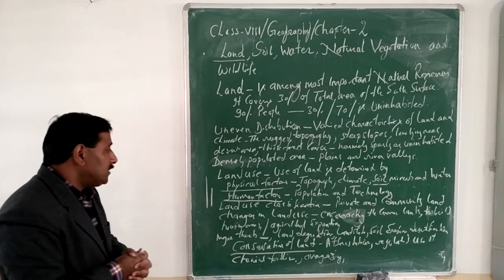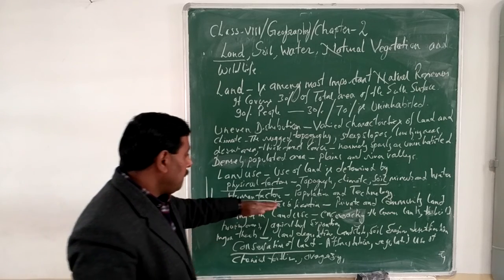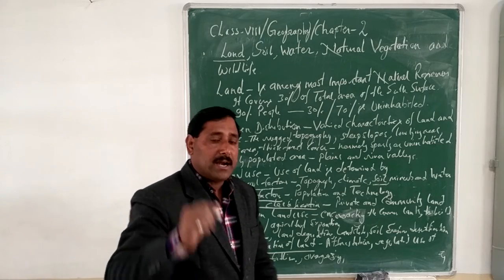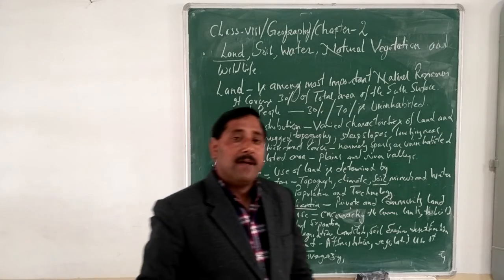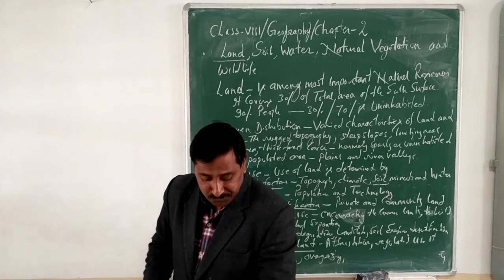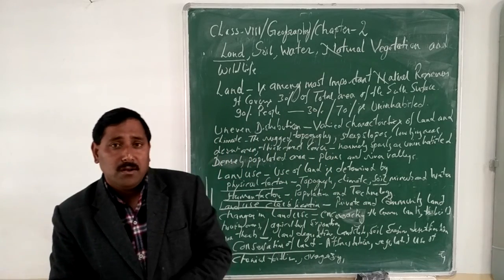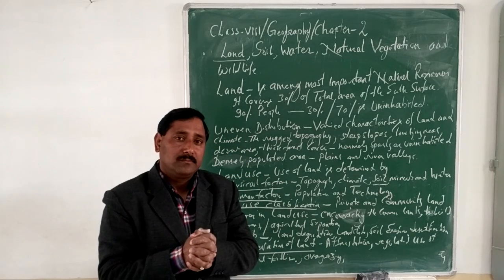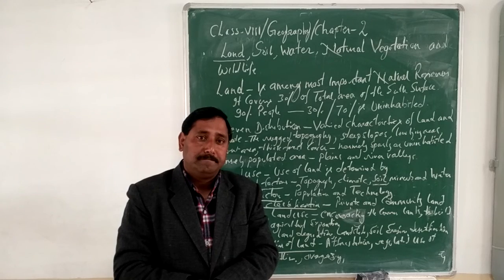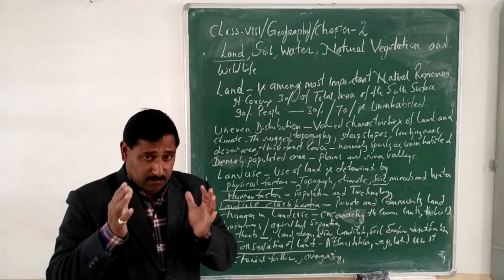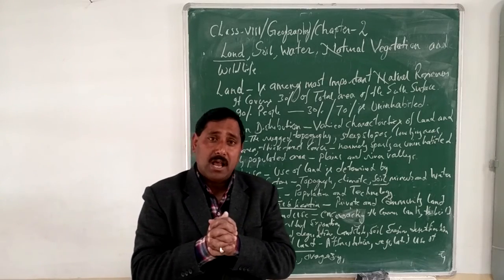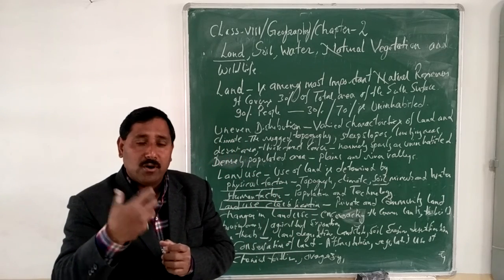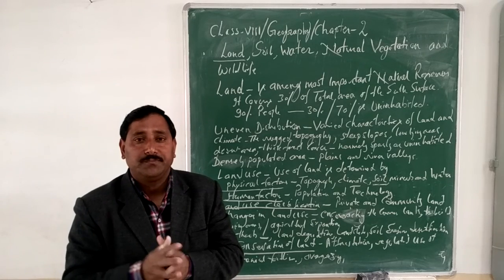Now, this land use classification, we can classify this land further into two main categories over here: private and community land. Do you understand what is a private land? What is a community land? Okay. The private land is those land areas which you own yourself, which belong to you.